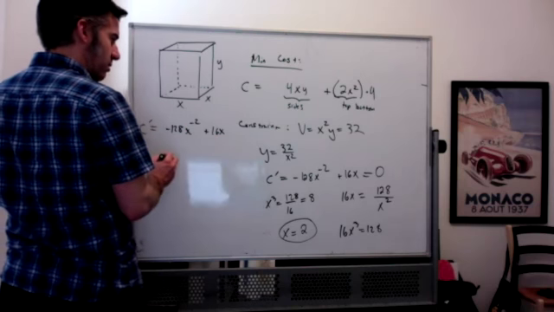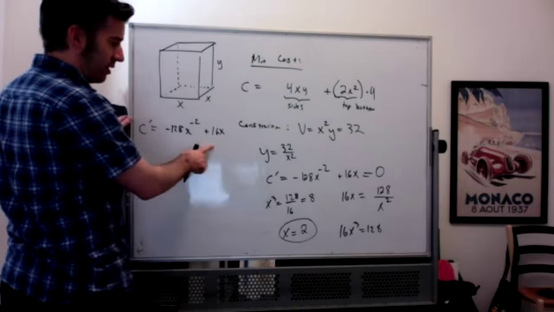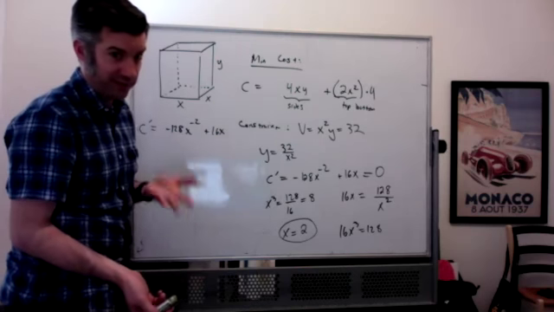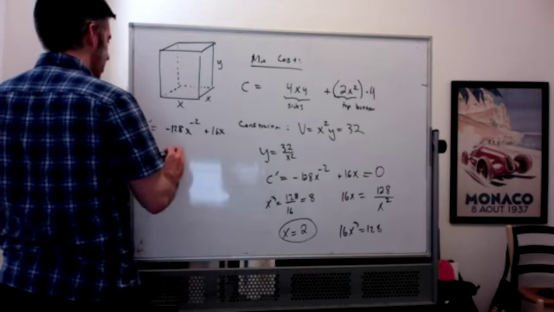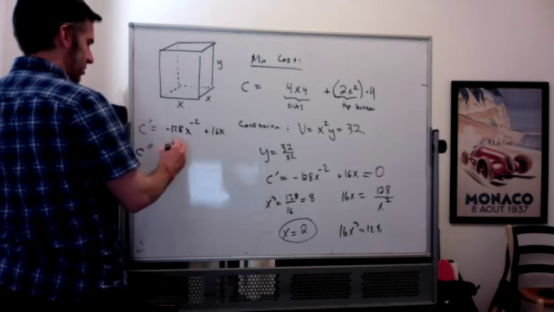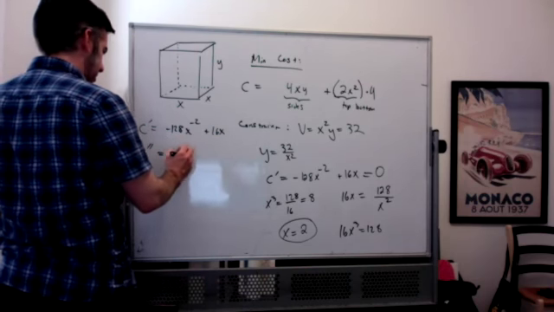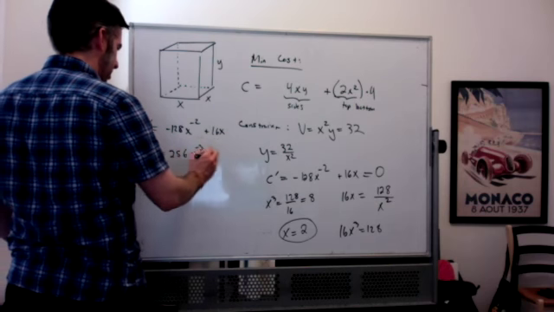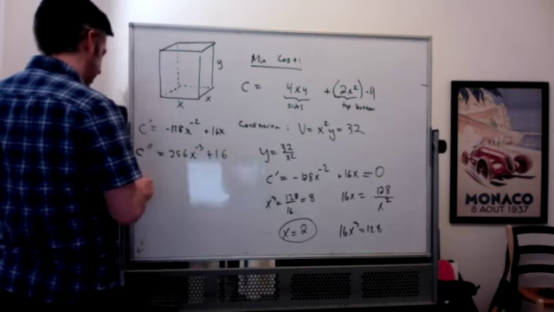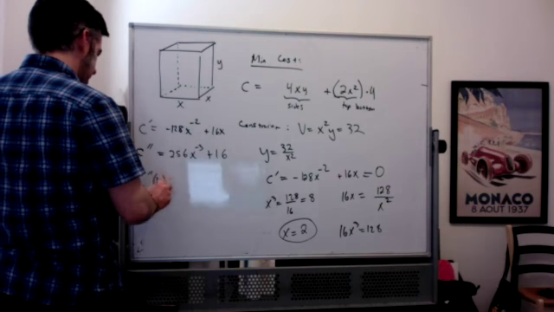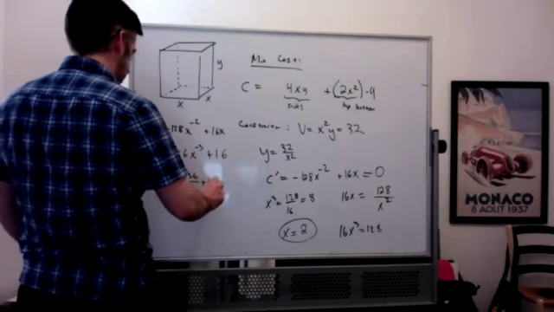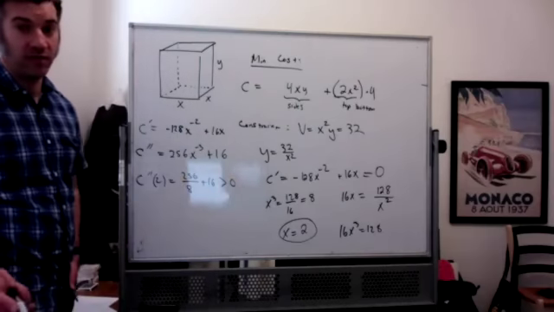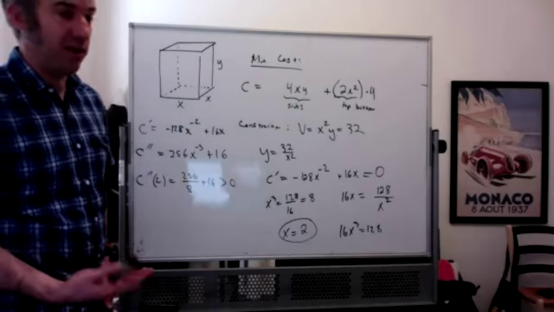Clearly if we plug in 2 here, we're going to get 0 because that's how we found the critical value. If I take my second derivative, it's going to be positive 2 times 128, which is 256, x to the negative third plus 16. You plug in 2 there, you get 256 divided by 8 plus 16, which is certainly positive, which means we do have a minimum. Sorry about that.